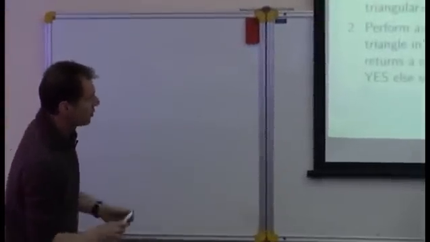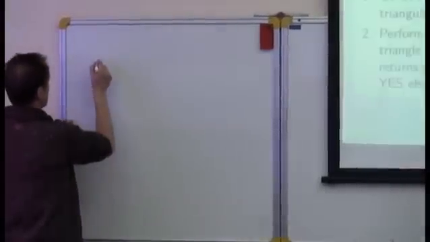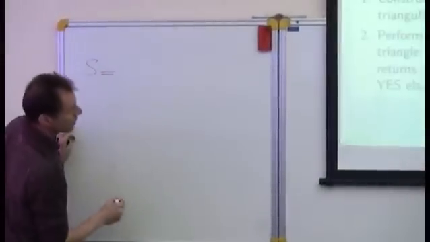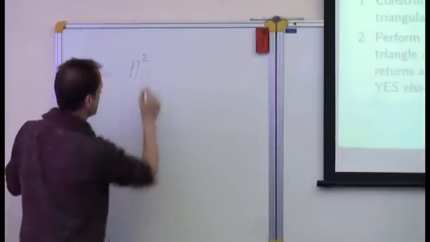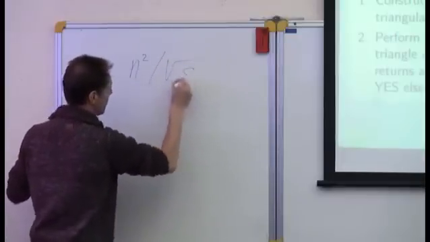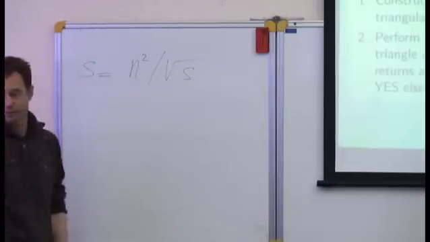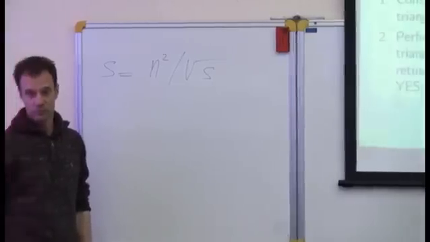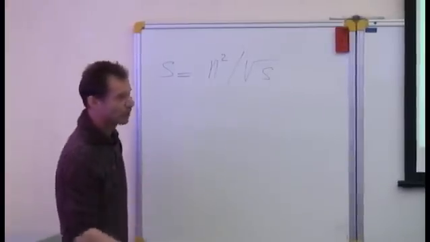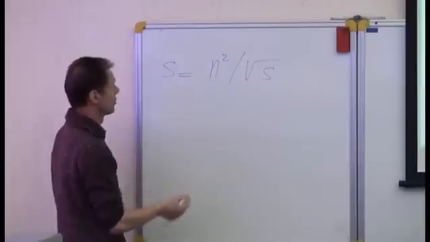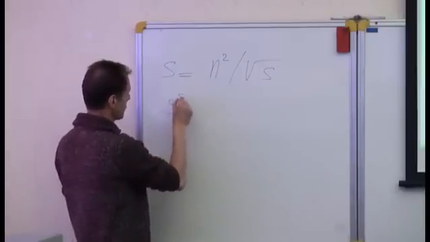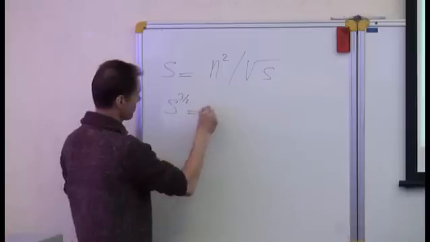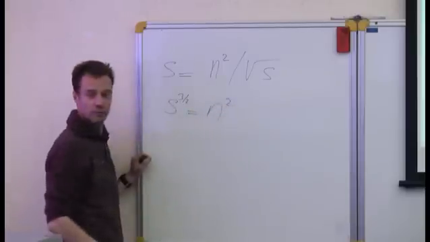So what I want to do is set S equal to n squared divided by square root of S. Right, I have these epsilons on both sides, which I'm ignoring now. So what does it mean? It means S to the 3/2 should be n squared.